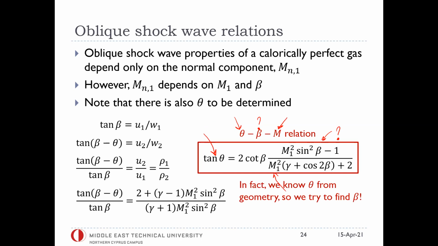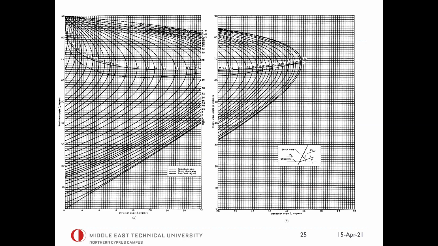So we discussed this, and this chart actually looks something like that. This is from your book as well. In this chart, which we call the theta-beta-M diagram or plot, the x-axis is the theta angle. We started discussing this in the last few minutes of yesterday's class. This is the deflection angle.